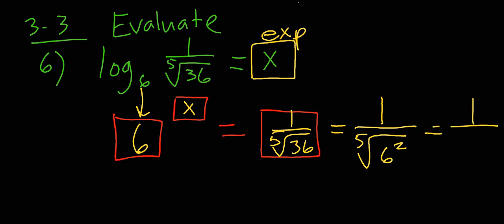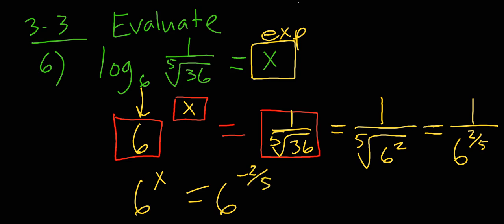Okay, so that would be 6 to the what? 2/5. You are correct. And that's a good idea. I like that, by the way. Okay, one more thing left to do. Make it negative. So we have 6 to the x equals 6 to the negative 2/5. If only we knew what x was. Negative 2/5. Thank you very much.